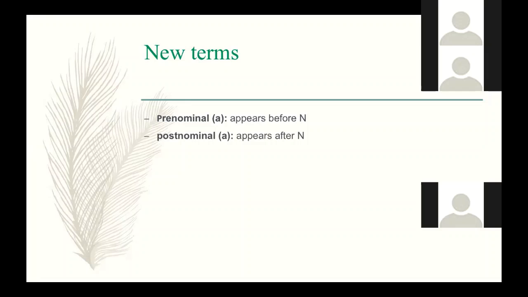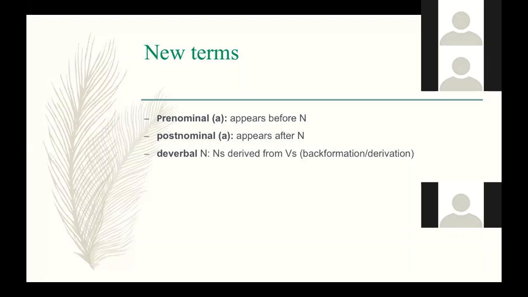We also have post-nominal, which means it appears after the noun. For example, we have post-nominal complement, the complement that goes after the noun, and also post-nominal modifiers. And we also have the term verbal noun. That means the nouns that are derived from the verbs.